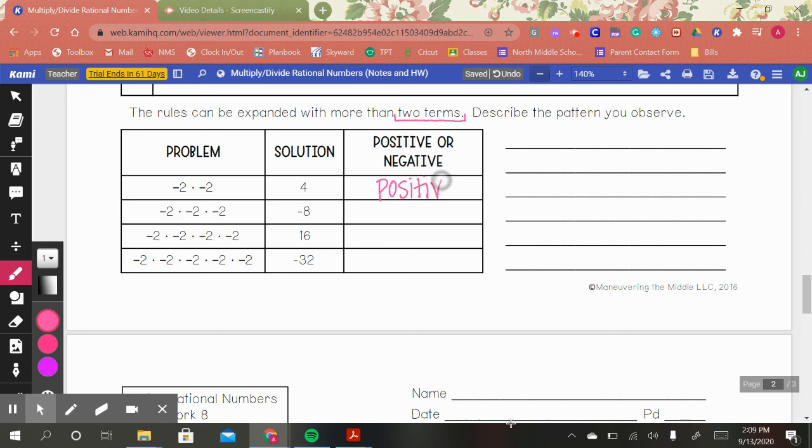We know that. Same signs, positive solution. I have 1, 2, 3 negatives, which means I'm getting a negative solution. When I have 1, 2, 3, 4, I'm getting a positive solution. When I have 1, 2, 3, 4, 5 negatives, I get a negative solution.